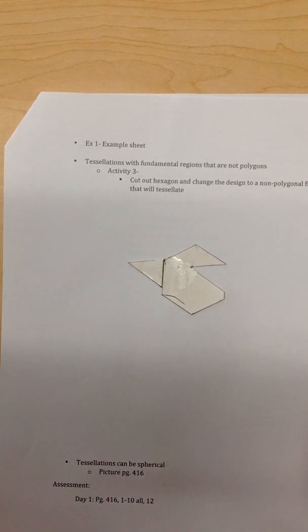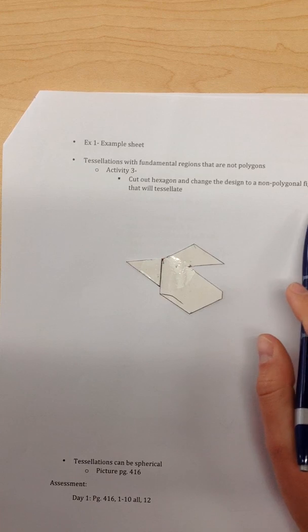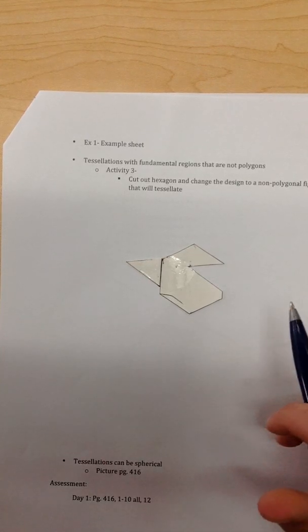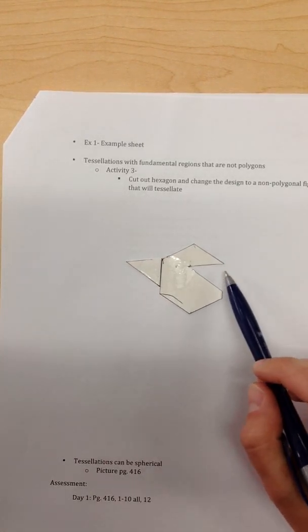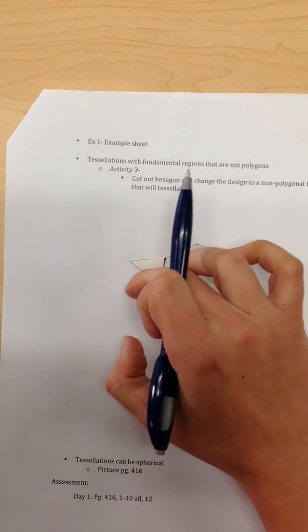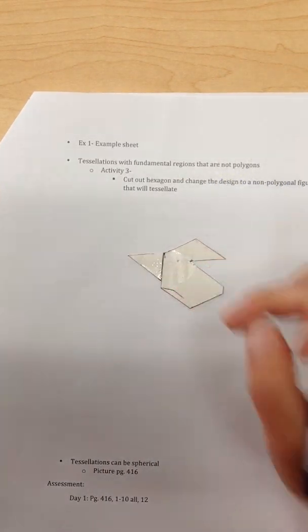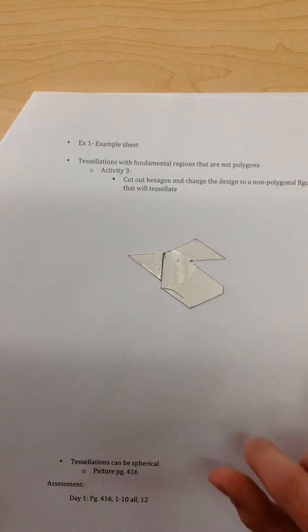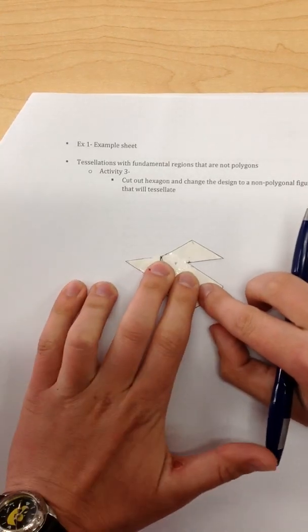And then we want to see if a non-polygonal figure, a kind of goofy figure, will tessellate or not. So we're going to try this out. Get yourself a cutout, and whatever piece you cut out, slide that to the other side, and then I just used a piece of tape to hold that on there. Okay, so we want to see if we can fill the space with this little tadpole.